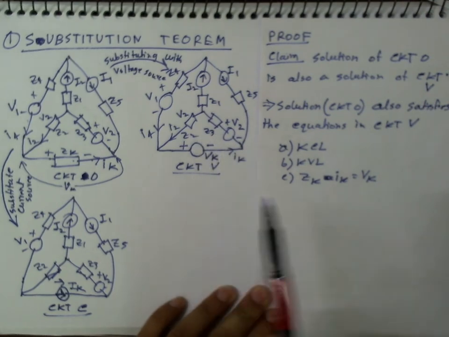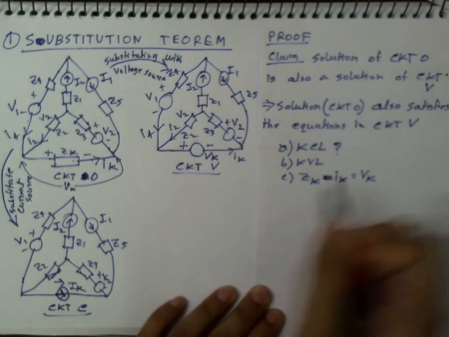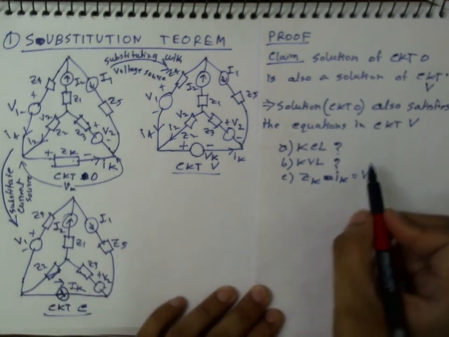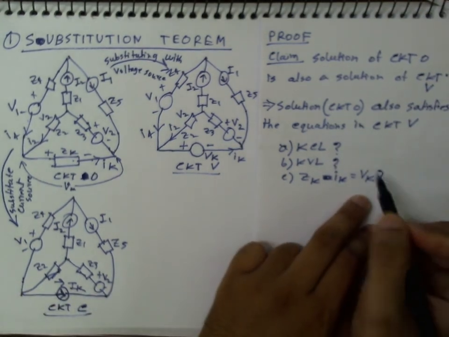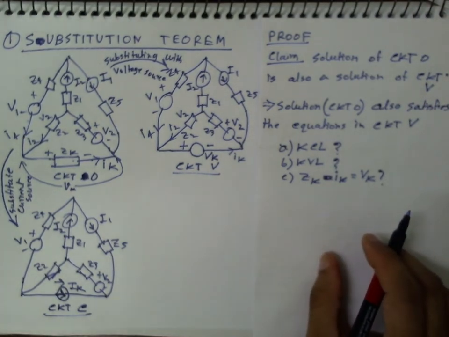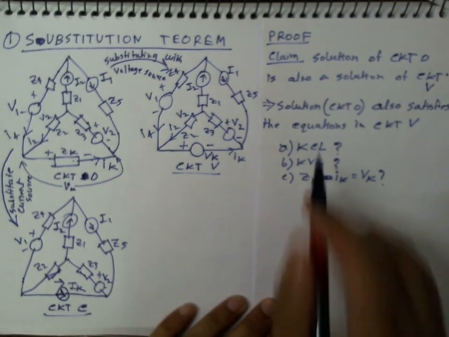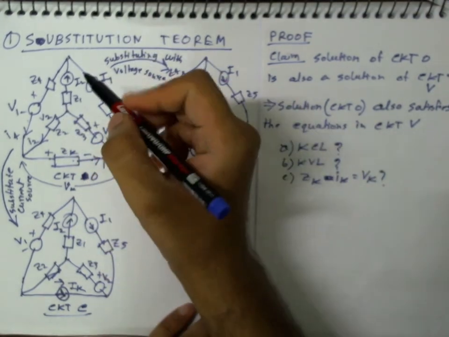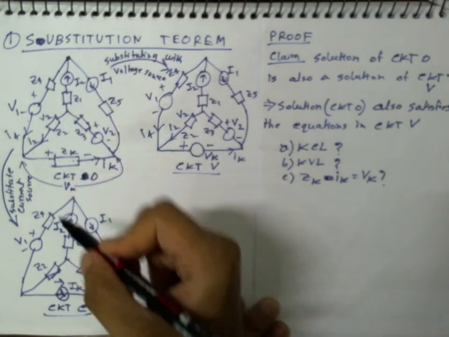Is it true? Does it satisfy the KCL? Does it satisfy KVL for all loops? Does it satisfy these constraints for all the impedances, all the elements? So let's check them one by one. KCL. Okay. So consider any node. Consider this node.